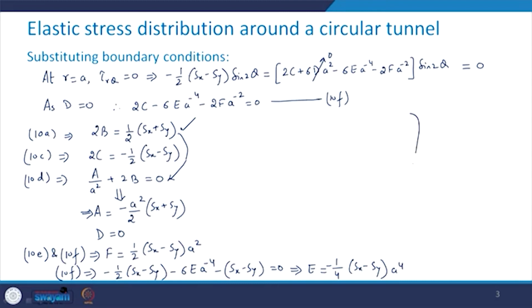I write all these equations in a combined manner as equation number 11.